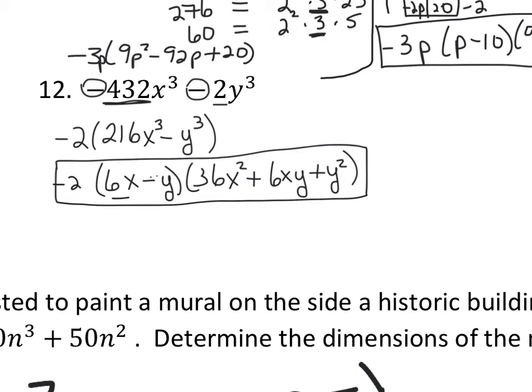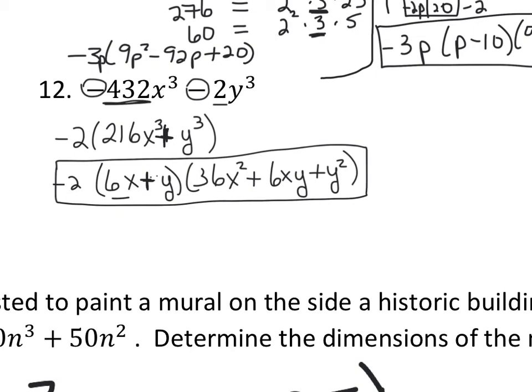Well, when you factor out a negative 2, this sign inside this parentheses right here becomes positive. So this should have been a positive. So this should have been the sum of cubes instead of the difference of cubes. And so how that makes the rest of the problem different is that this 6x is now plus y. Everything else is the same. The only thing different are the signs.